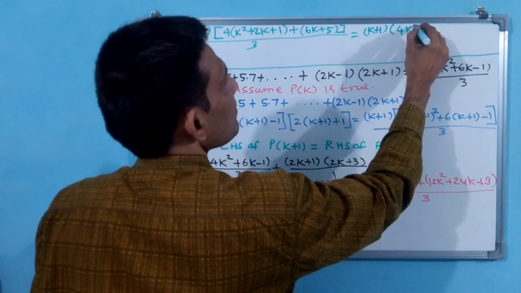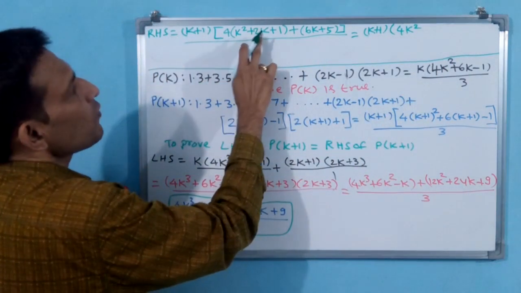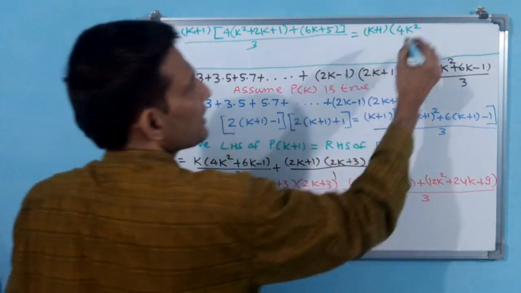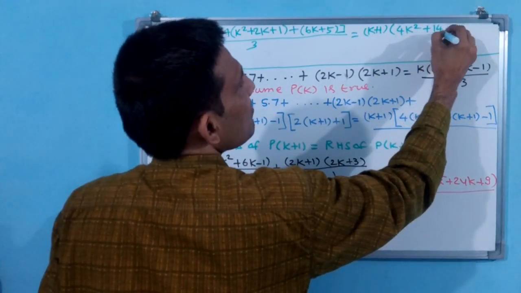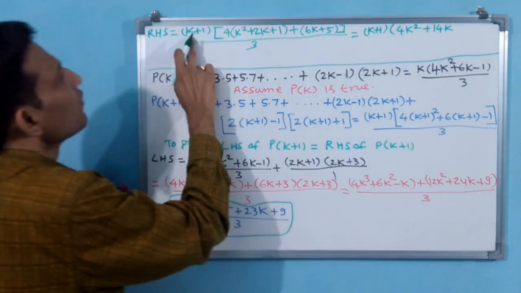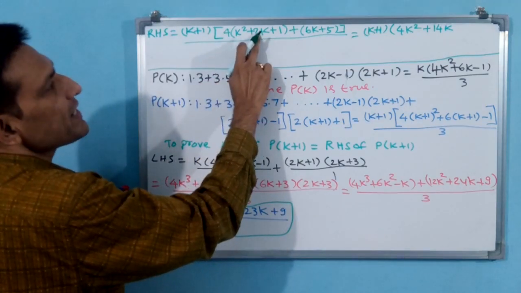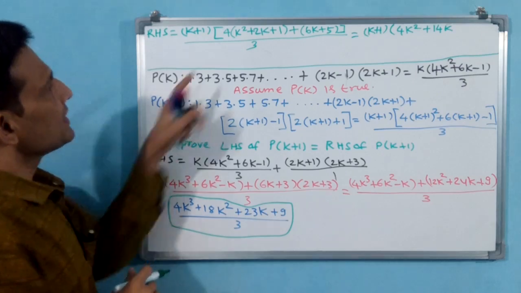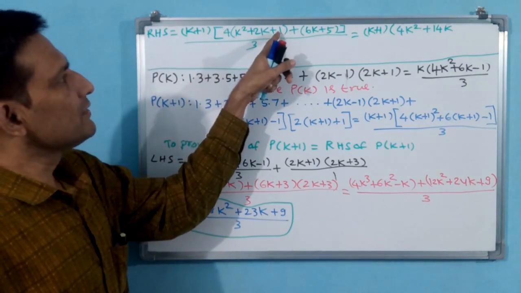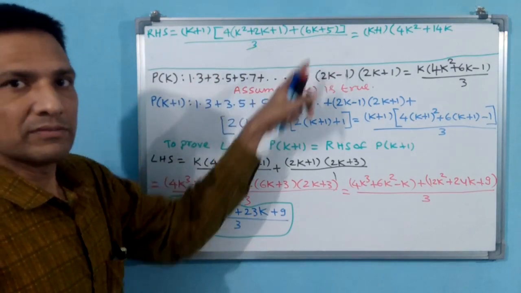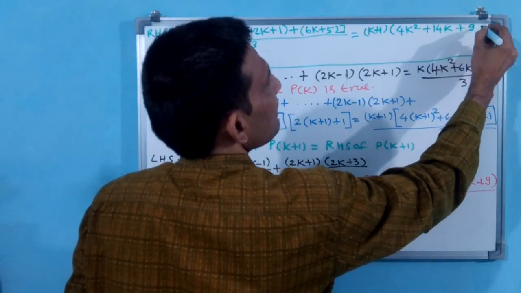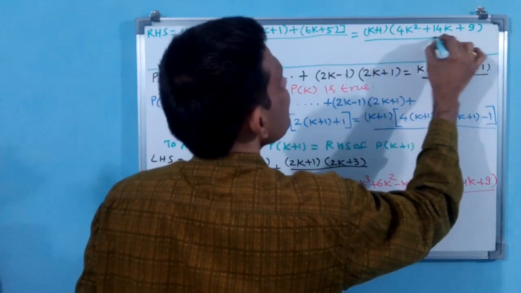Next 4 into 2, 8k plus 6k, 14k directly I am writing. 4 into 2, 8k plus 6k, 8 plus 6, 14. Next 4 into 1, 4 plus 5, 9. 9 directly I am writing, plus 9. You understand now how it has come?